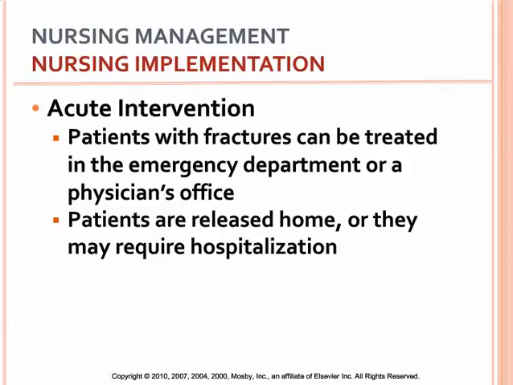For acute intervention, patients with fractures can be treated in the ER or in a physician's office. Patients are generally released home, or they can require hospitalization. The specific nursing measures you would take depend on the type of treatment you would use and the setting where the patient is.